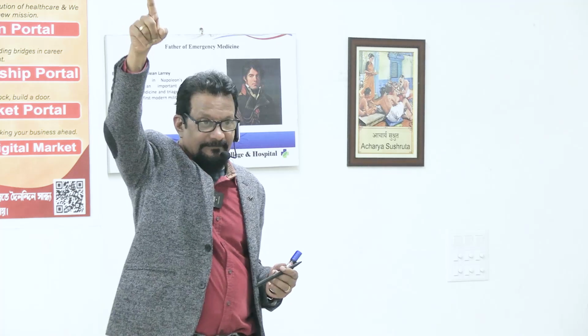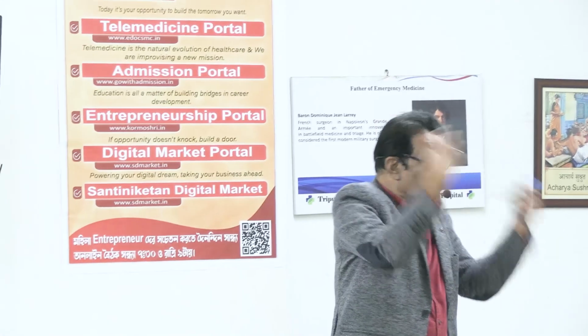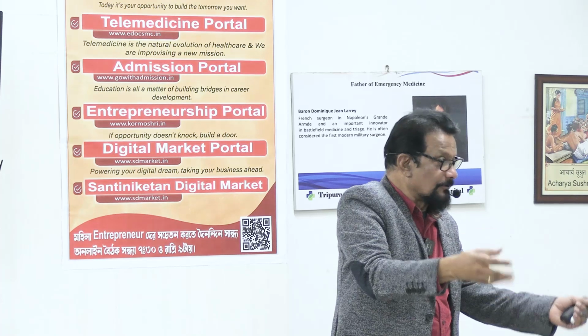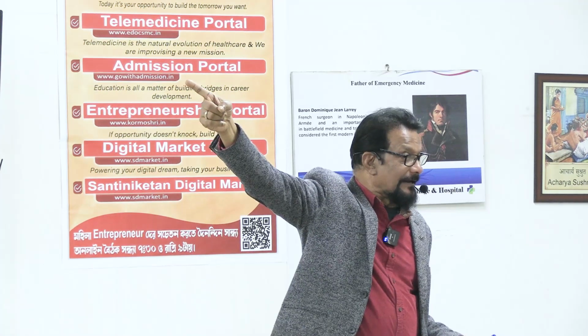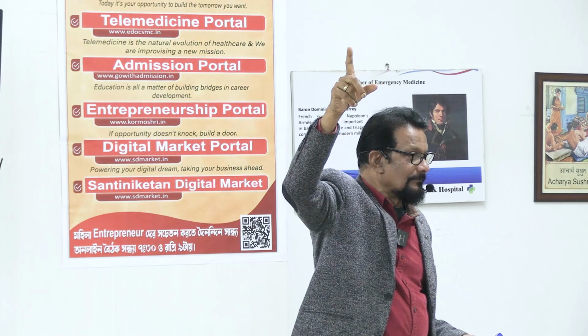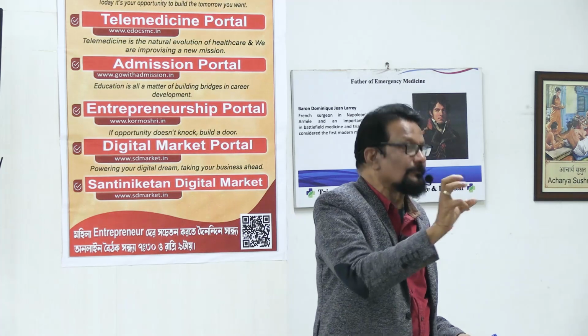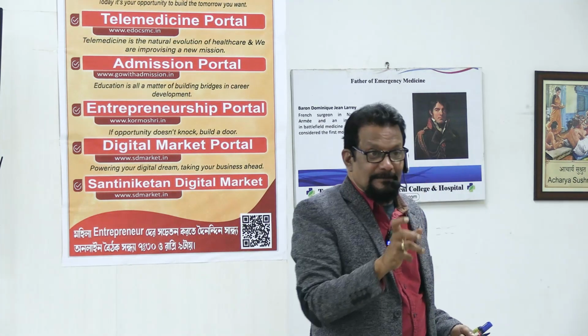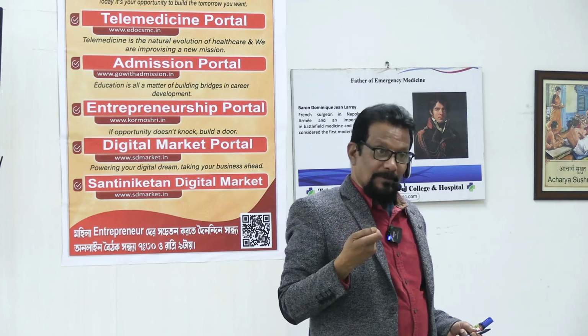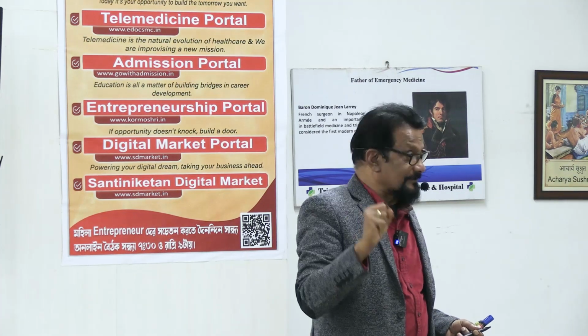Suppose we don't have power supply from the electricity department, so the college has a generator. From that generator we have connections to this light and this fan. When this generator goes out, there will not be any light, and the fan will not be moving. So if the SA node fails, our heart will also fail, since heart muscle will not get the electrical impulse for its contraction.